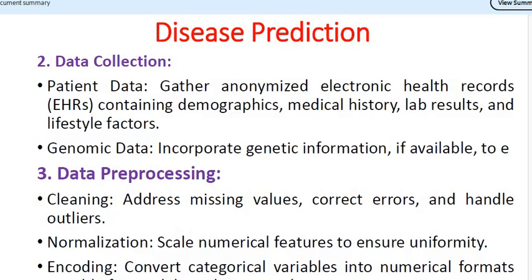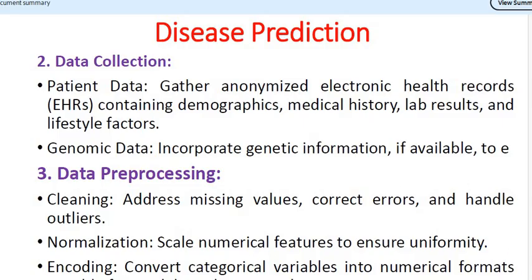For patient data sets, we are going to download the data sets from any website like Kaggle or any other website. Here they are taking the genomic data. Then data pre-processing, that is cleaning and normalizing the data, and finally encoding the data, that is converting categorical variables into numerical format. Why are we doing that? For prediction accuracy.